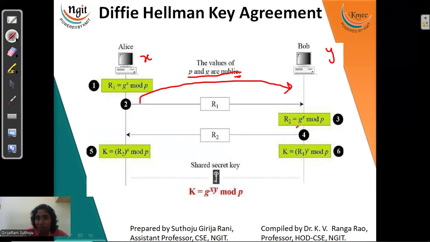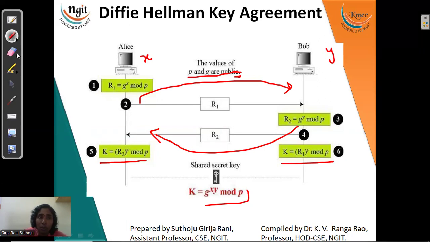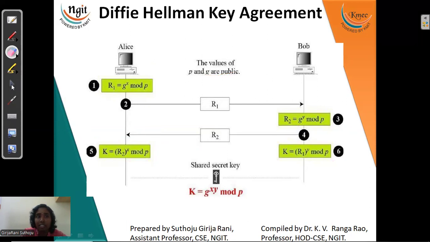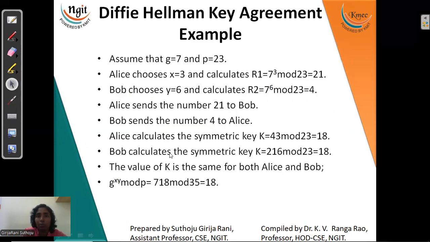After calculating R2, Bob will send R2 to Alice. Now, after this step, k will be generated. So this k is nothing but g to the power of xy mod p. This is a common key between both Alice and Bob. Even though they are generating separately, the value of the secret key will be the same at both ends.